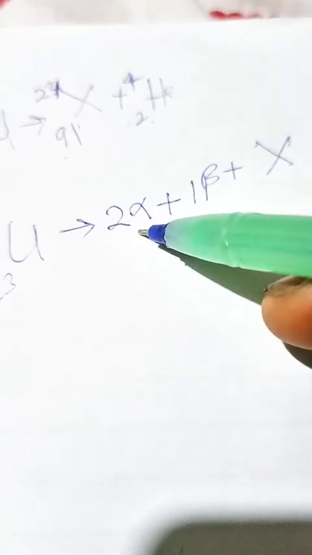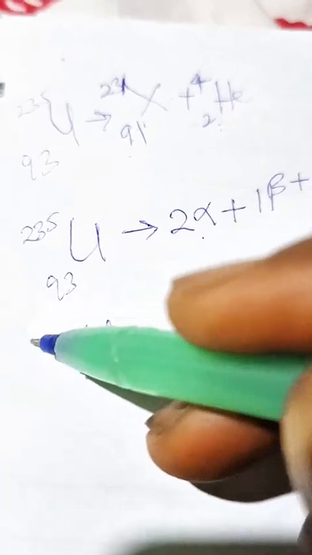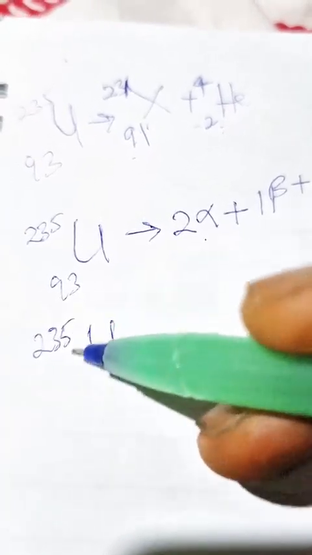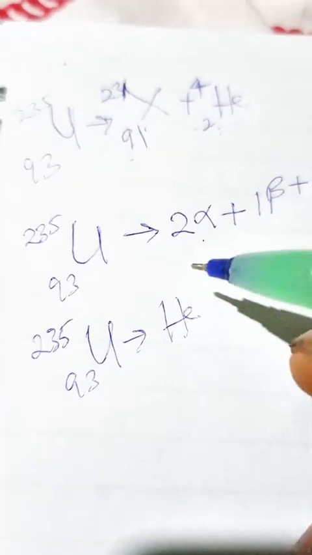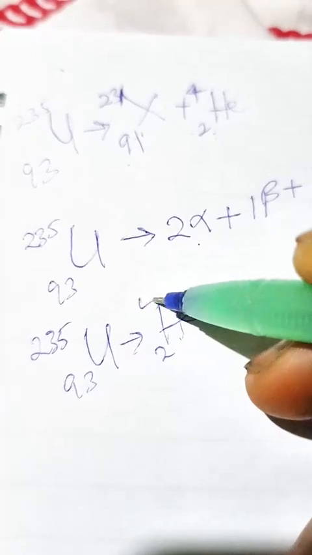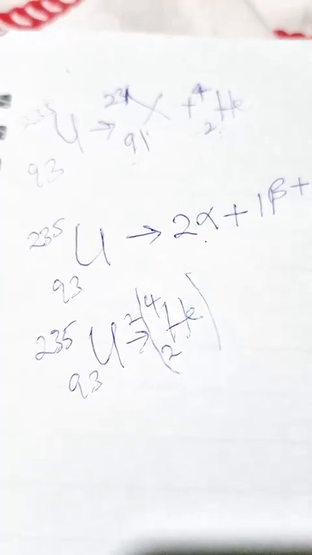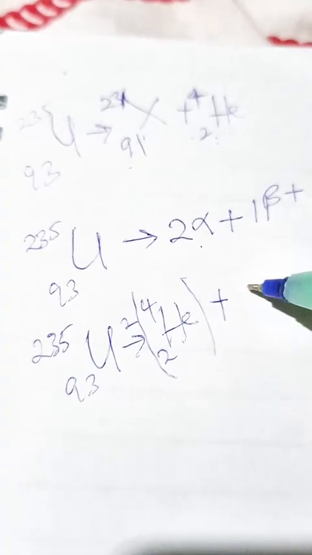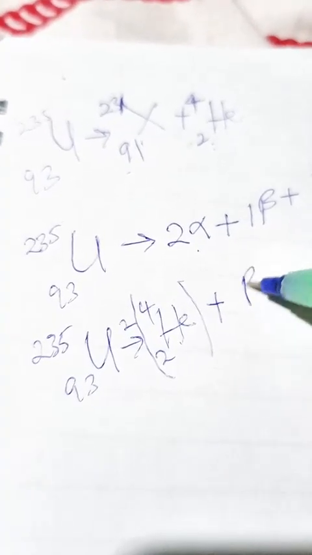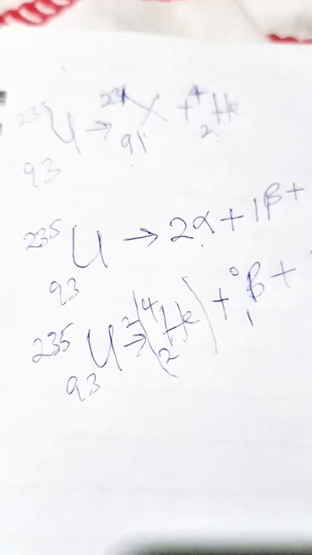It's very simple. This alpha is helium particle, so you are going to have uranium, U235 93. It will give you 2 alpha, which will mean helium particle, 2 4, but now you are having 2 pieces of it, plus 1 beta. If it is positron, then it's going to be plus 1 and 0, then plus x.